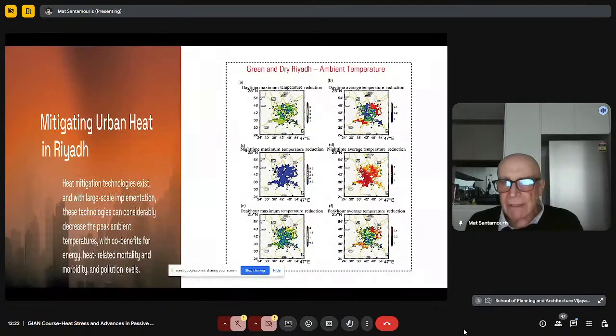Why do we have an increase of the temperature when we have non-irrigated greenery? Because when temperature is very high, above 35 degrees, which is very common, trees stop to evapotranspirate. They stop because they don't have enough sap and they want to be protected.